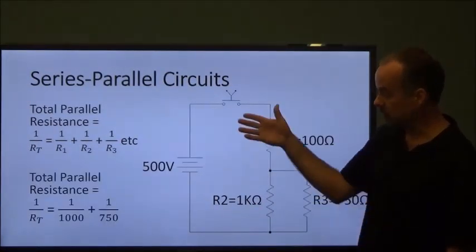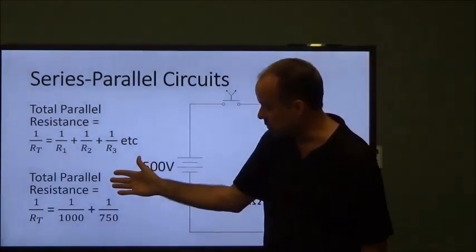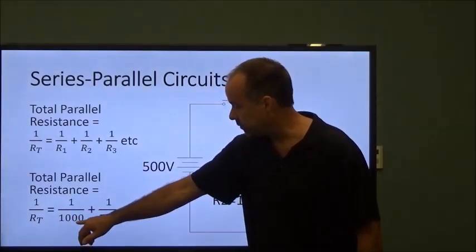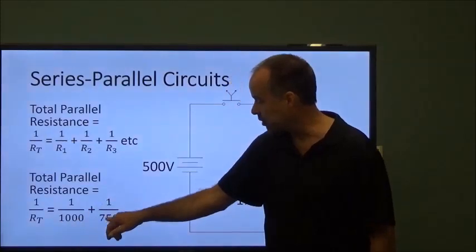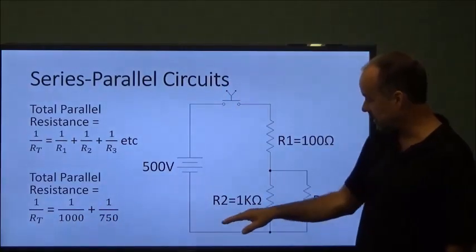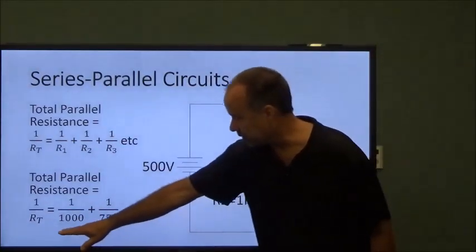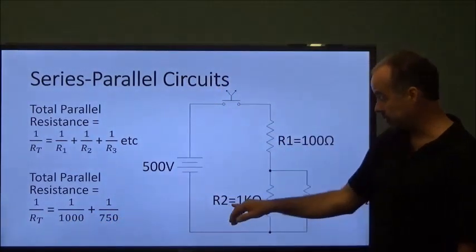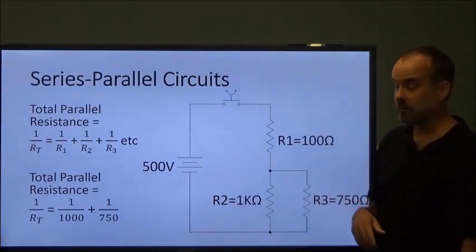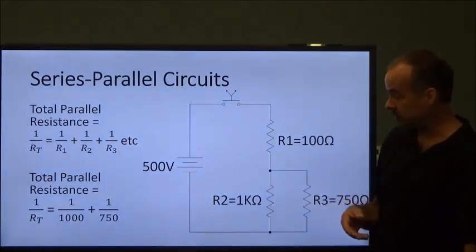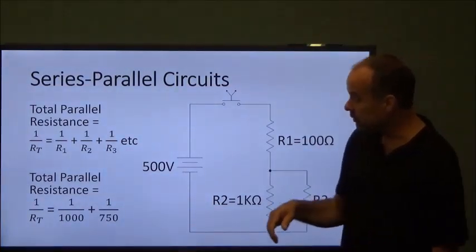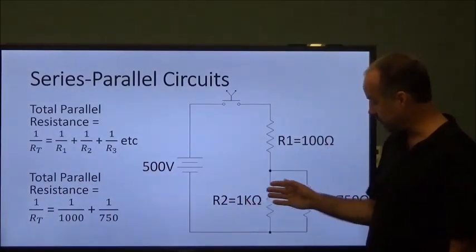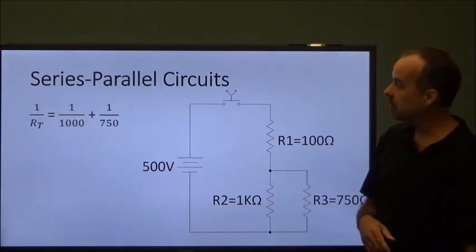If I plug these values in, 1 over RT equals 1 over 1000 plus 1 over 750, because I converted this 1 kΩ to my base unit, so my resistance units are all the same unit, no prefixes. So this becomes my formula to figure out the total equivalent resistance here.